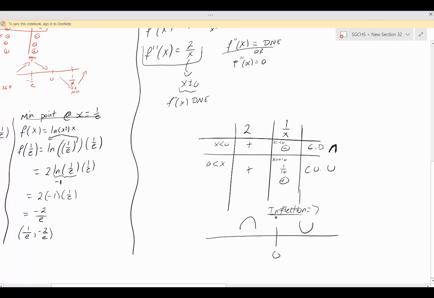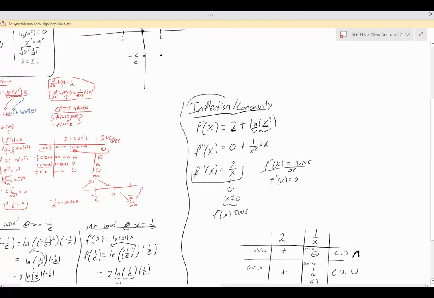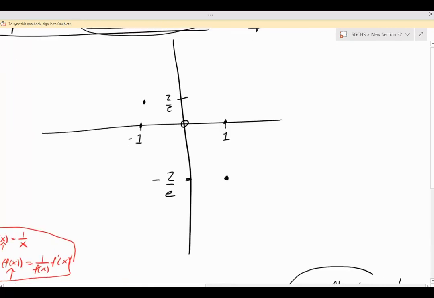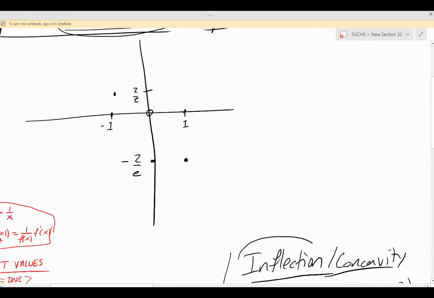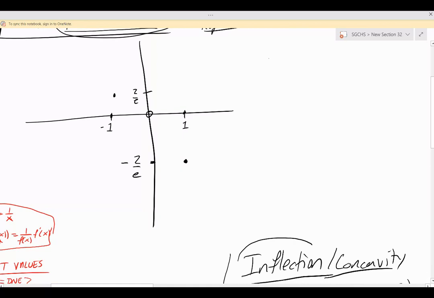Okay, so on our original graph, if we come up here, we can kind of tie everything together. Remember, for our decreasing/increasing intervals, we have our points -1, +1, and 0.